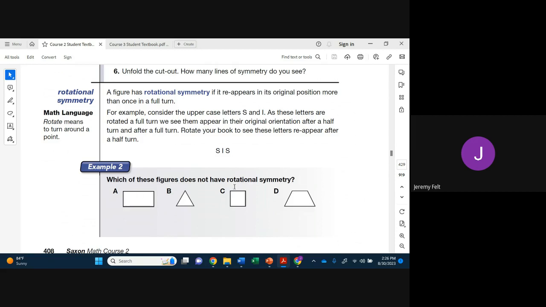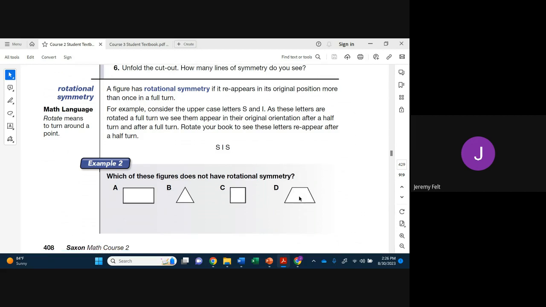So of these different ones, if we mentally or physically turned our book, we would see, after 180 degrees, it looks just like it does right here. This one, we'd have several turns. This one we'd have 3 90-degree turns, and then on the fourth one, we'd get back to our original position.